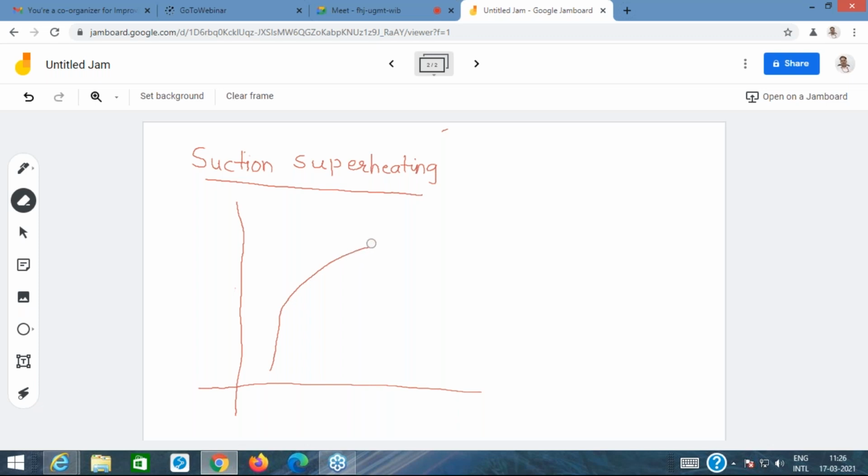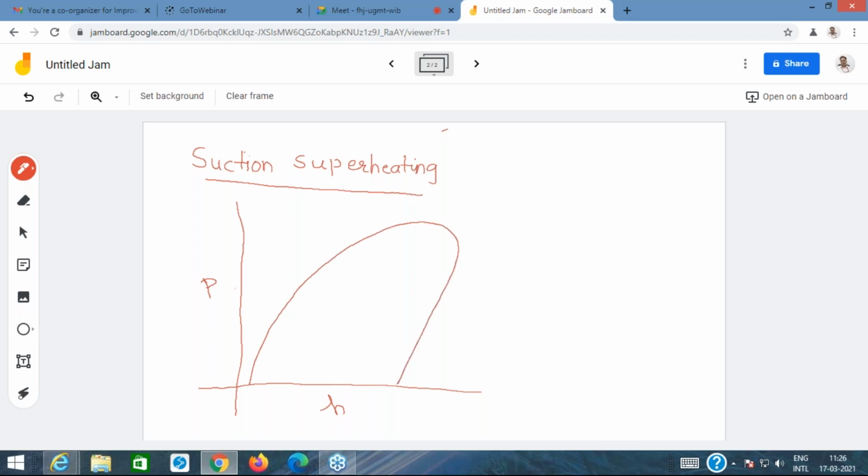I need to erase this. This is not the vapor dome I intend to draw. So what is vertical here? Vertical is, I'm drawing the pressure enthalpy diagram, mind well. So this is P and this is H and this is the vapor dome. Now it is neat.